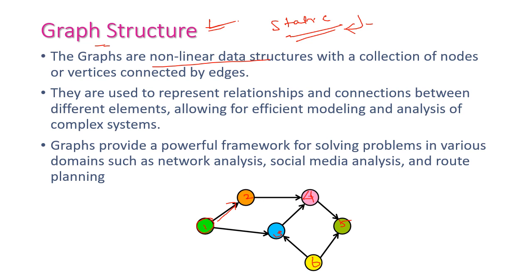Likewise we can store the values in the nodes and the edges are used to connect the nodes. So these are called edges and this is a node. The edges are also used to give the relationship between nodes, representing the relationship between the data elements.